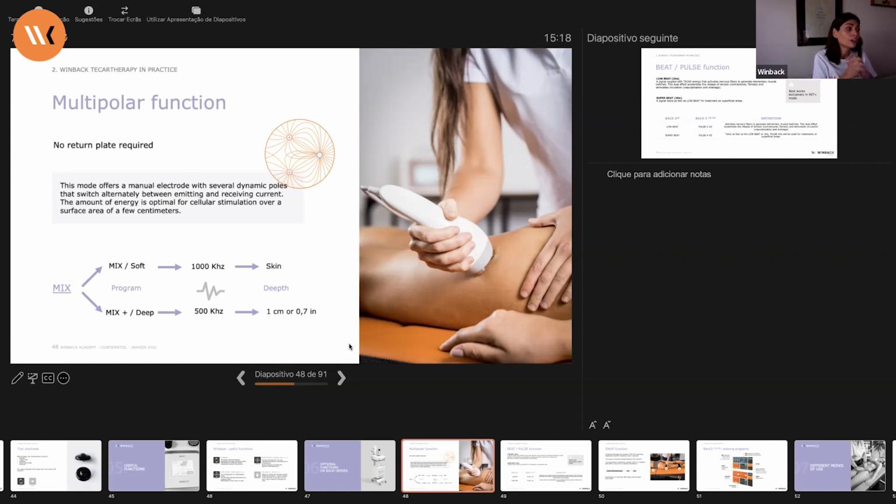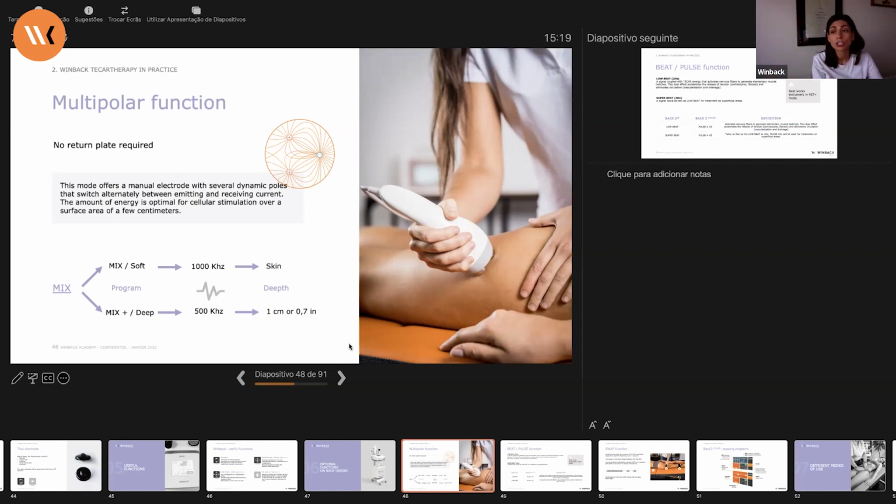This mode offers a manual electrode with several dynamic poles that switch alternately between emitting and receiving the current. The amount of energy with this multipolar function is optimal for cellular stimulation over a surface area or a few centimeters of tip, okay? We just go in skin or 1 centimeter under, okay?